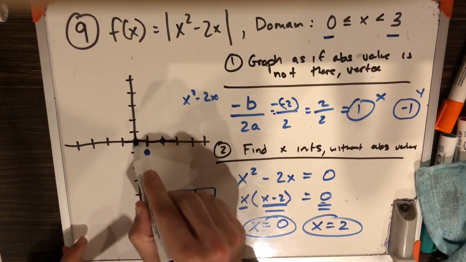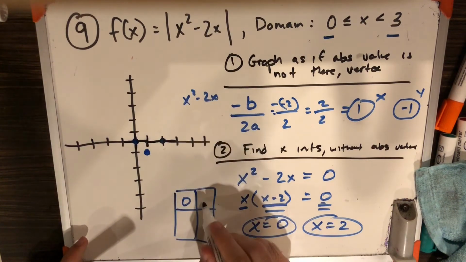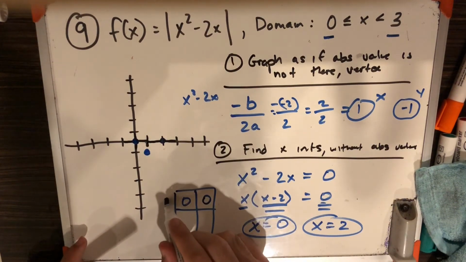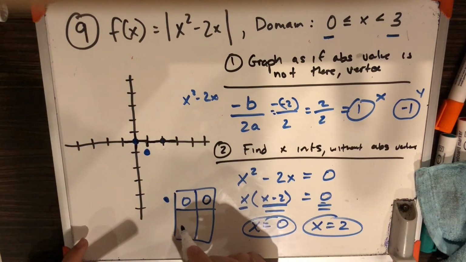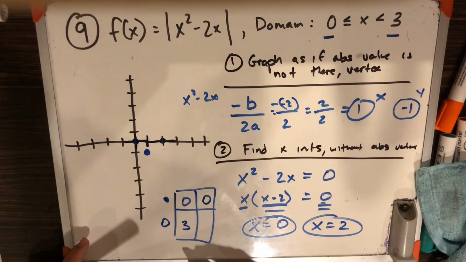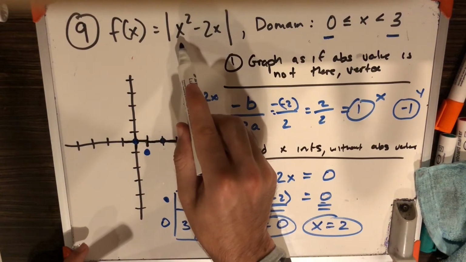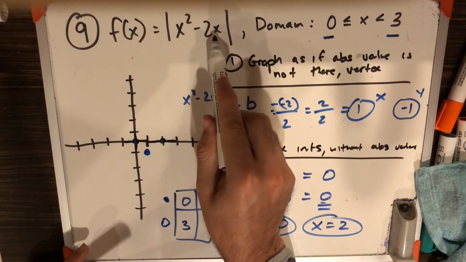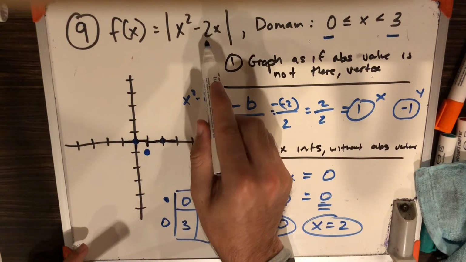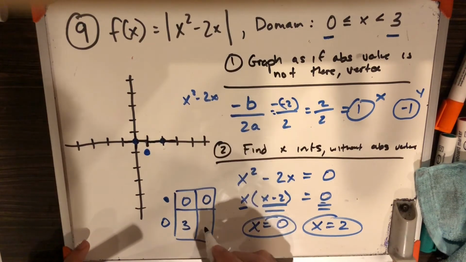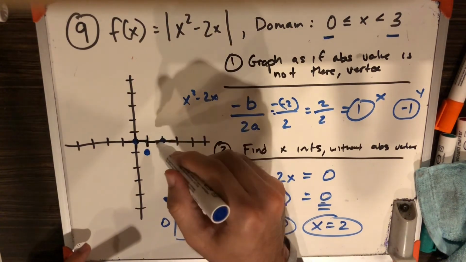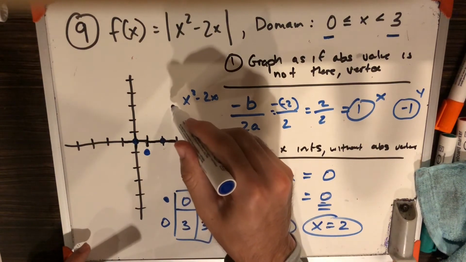Well, actually, we have that already right here. So when I plug in 0, I end up getting 0 back. Again, that's a closed circle. When I plug in 3, again, this should be an open circle now. When I plug in 3 for this, that's 3 squared, that's 9. 9 minus 2 times 3 is 6, so 9 minus 6. That's an absolute value of 3, okay? So I should have an open circle at 3, 3.